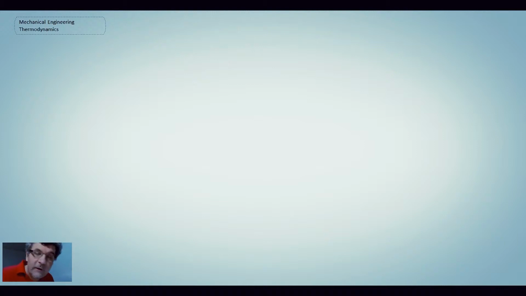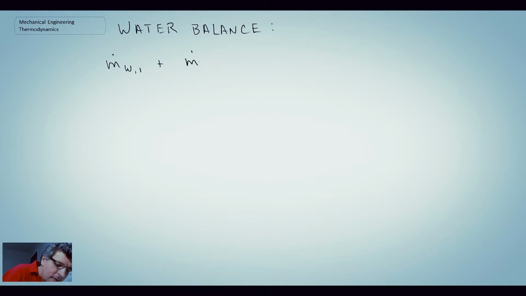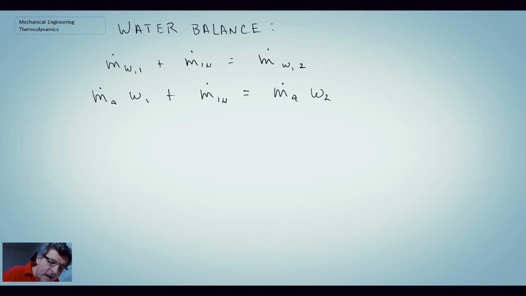Last thing we want to do, we want to find out how much water we need to add to the swamp cooler, or the evaporative cooler, to make it work. So, water balance. For the water balance, we have water at 1 plus mass flow rate of water being injected is equal to mass flow rate of water at 2. And we can make our substitutions using the dry air mass flow rate and the specific humidity.